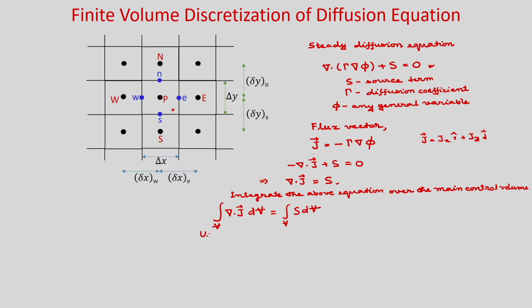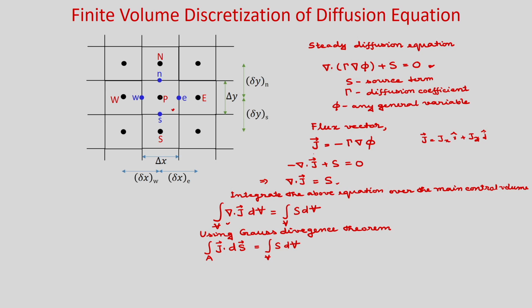So, using Gauss divergence theorem, this integral you convert into surface integral. Okay. So, it will be surface integral of J dot dS is equal to volume integral S dV.